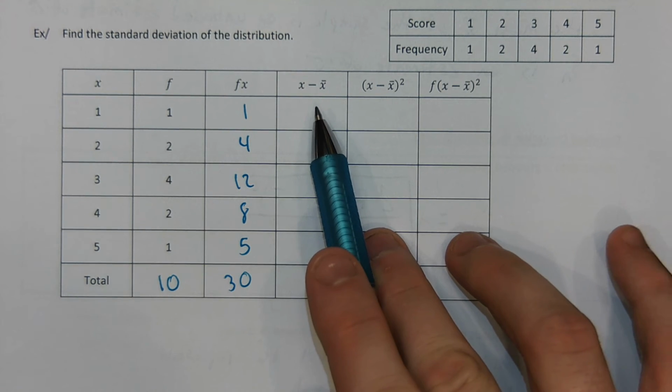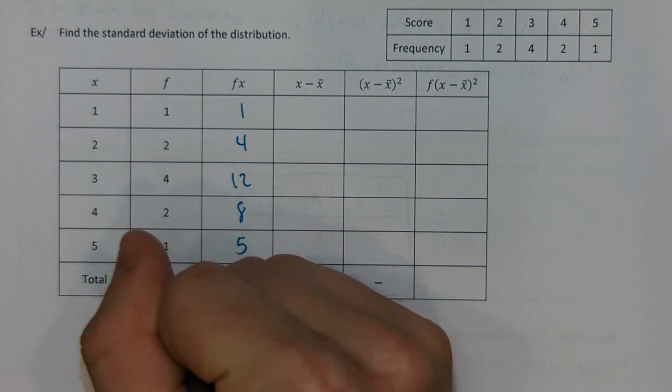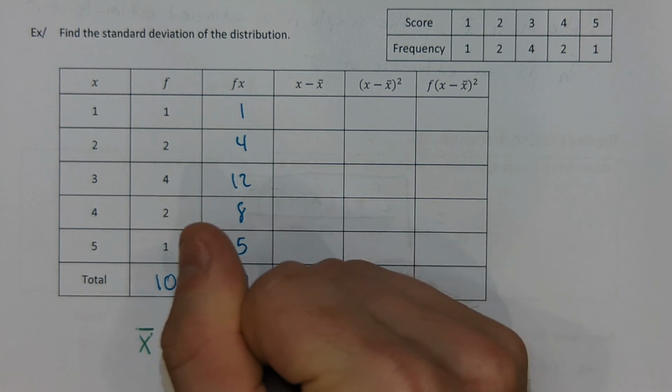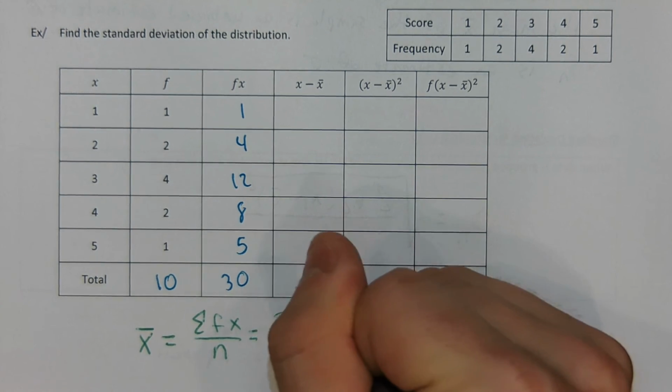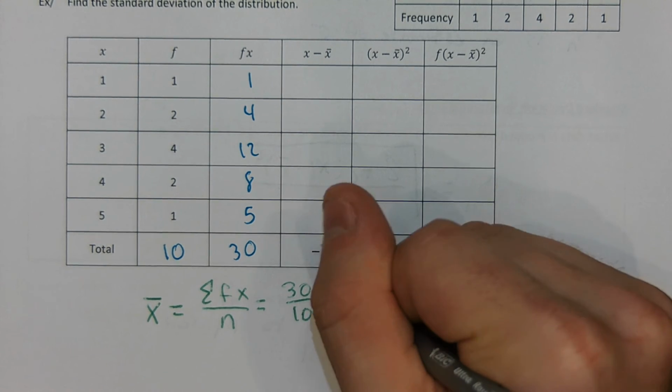This column requires us to know x bar. Okay, fine, let's find x bar. X bar is sigma fx divided by n, or 30 divided by 10. Our x bar is 3.